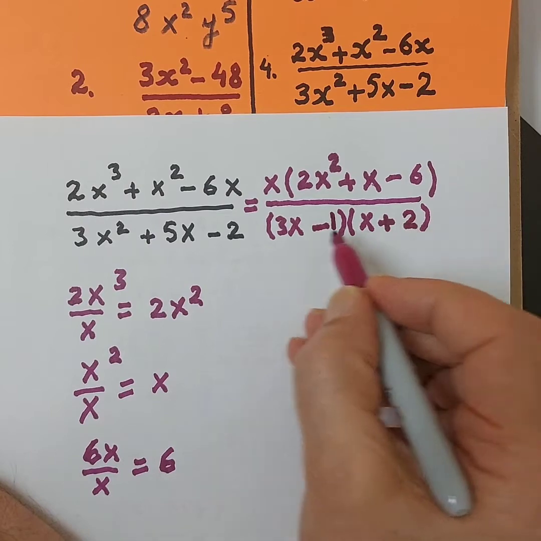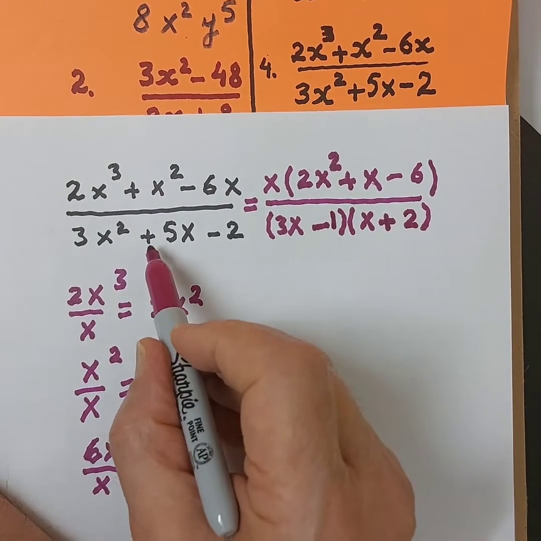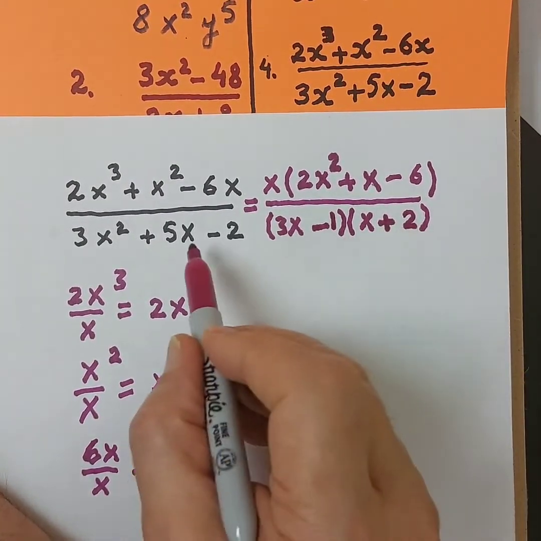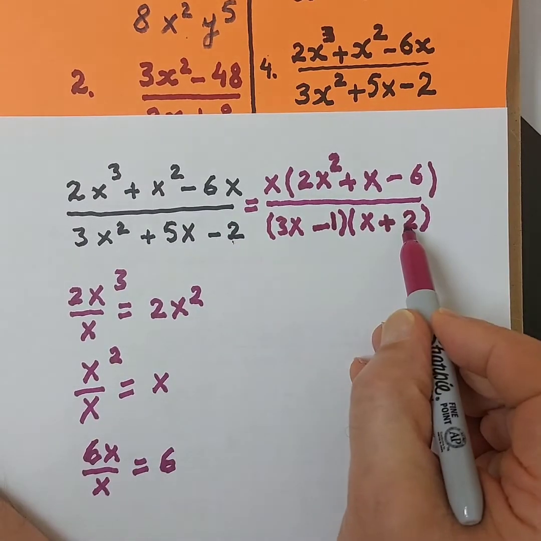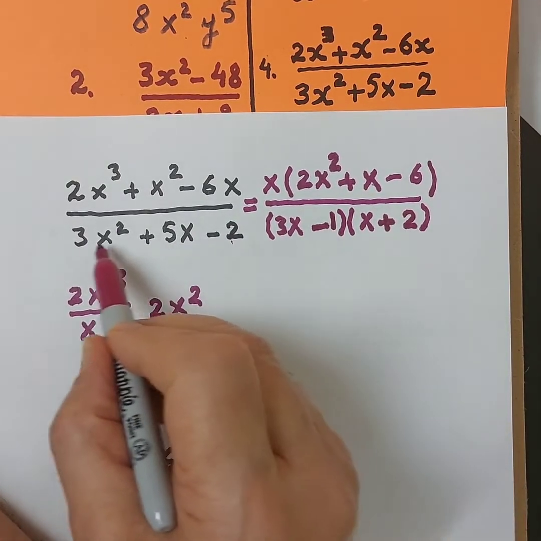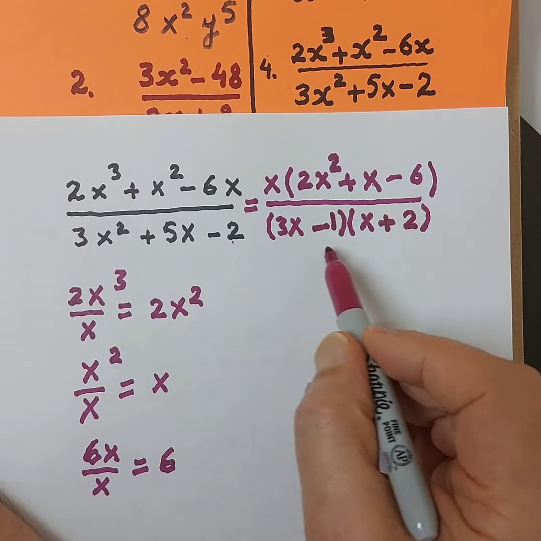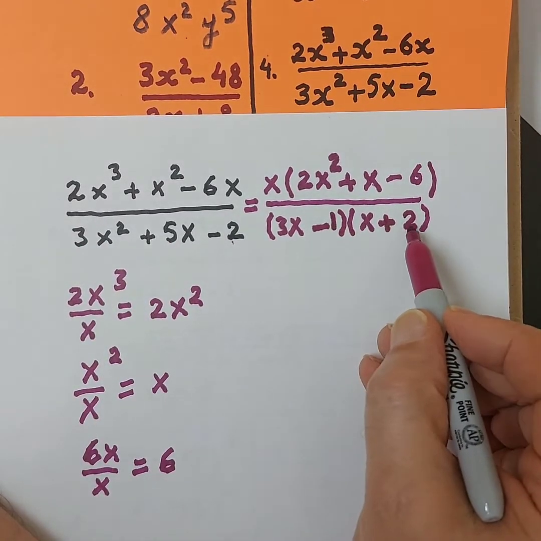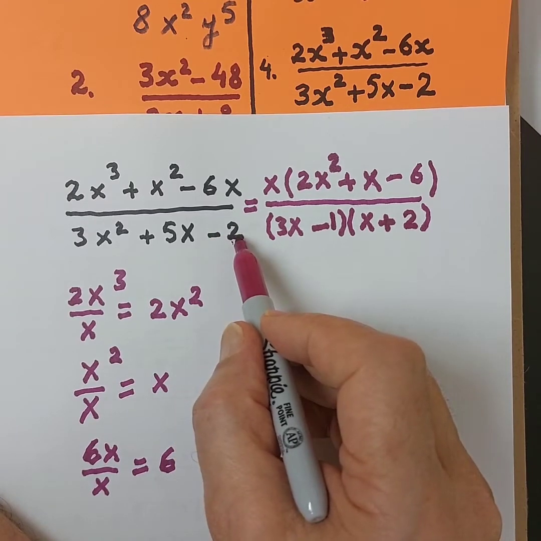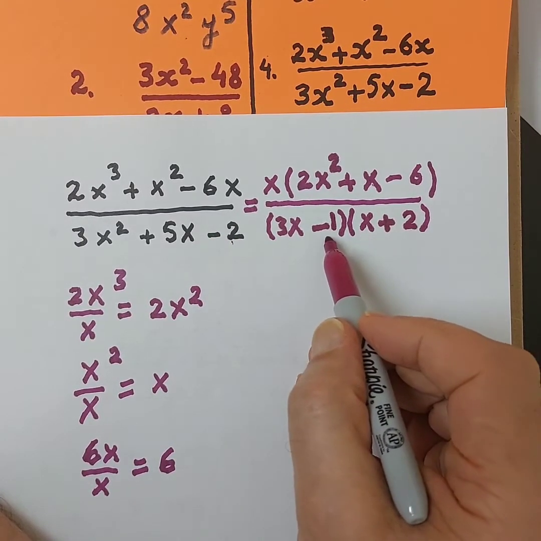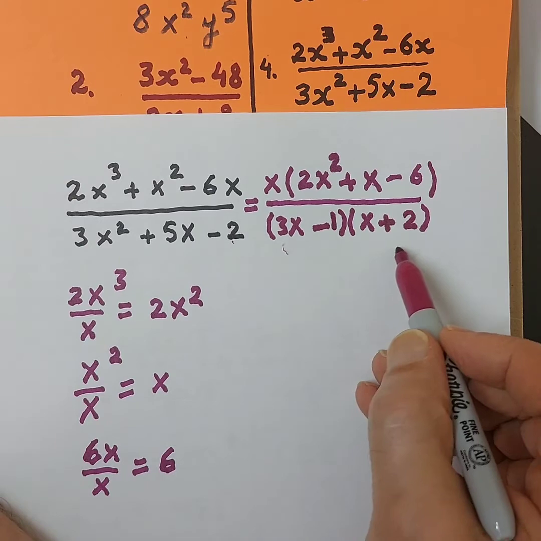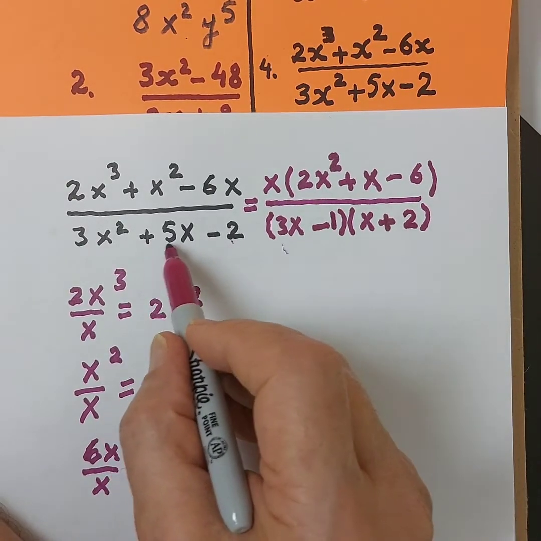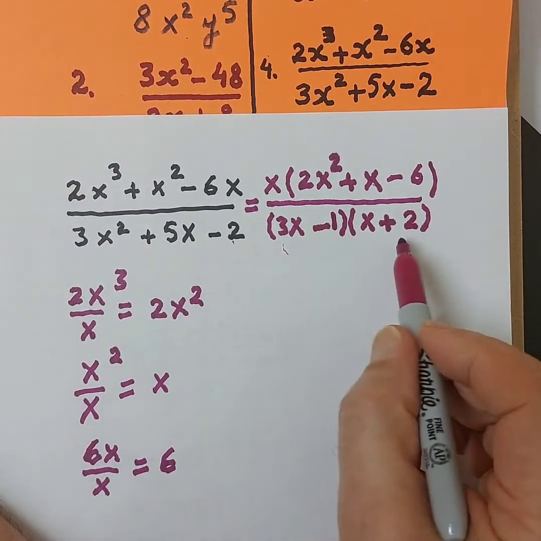So this is positive and this is negative. We'll try if it gives us all this. If we multiply those, will give me this. Here, 3x by x gives me 3x squared. Negative 1 by plus 2 gives me negative 2. Then negative x and plus 6x, that means plus 5x. So this is correct.